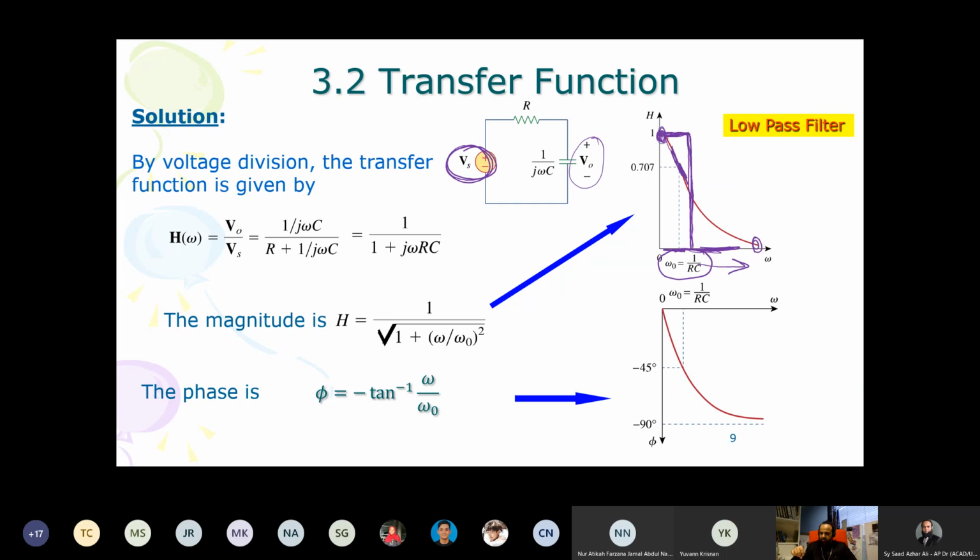So a circuit with this. If omega is 0, what is the shape of the signal?